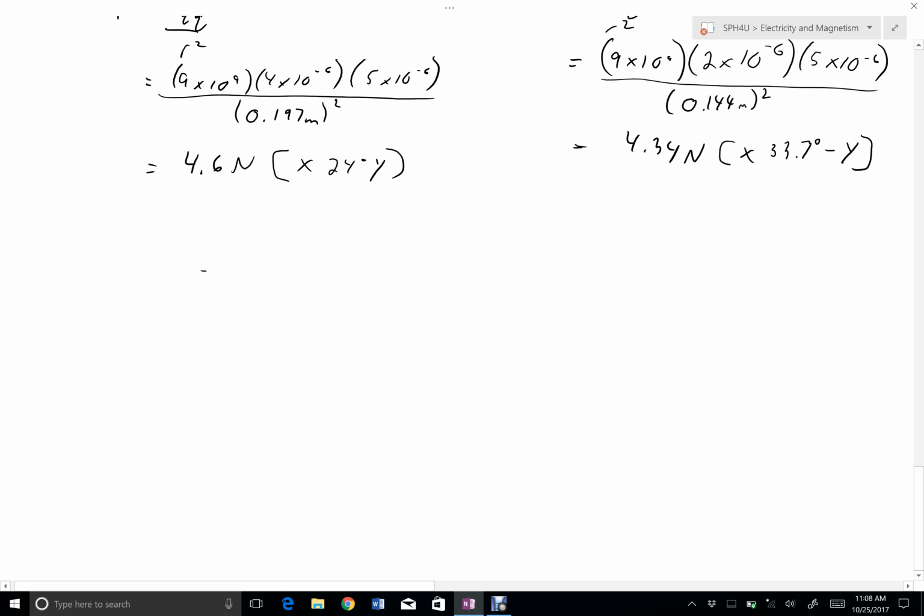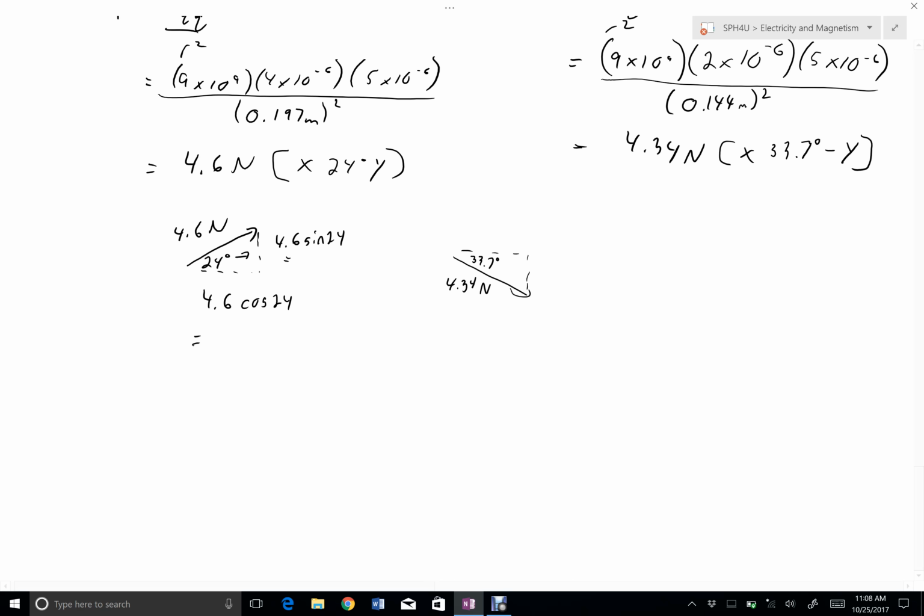So I got 4.6 xy, so x then y, 4.6, and the angle at the beginning was 24 degrees. And here I go x then negative y, the angle at the beginning is 33.7 degrees, and I got 4.34 here. So that's my opposite, so it gets my sine, so this is 4.6 sine 24, and 4.6 cos 24. 4.6 sine 24 is 18.